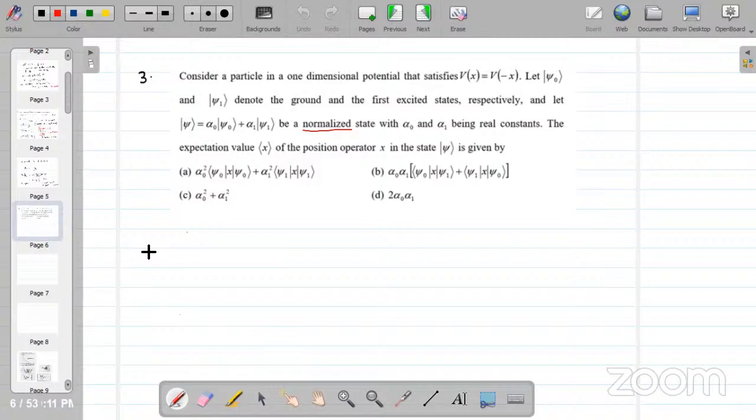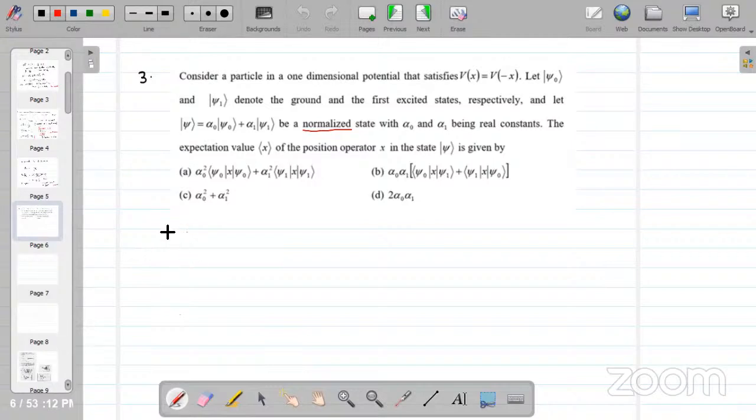Let psi naught and psi 1 denote the ground and first excited states respectively. They have given psi is equal to alpha naught psi naught plus alpha 1 psi 1, a normalized state, with alpha naught and alpha 1 being real constants. Find the expectation value of position operator x in the state psi.